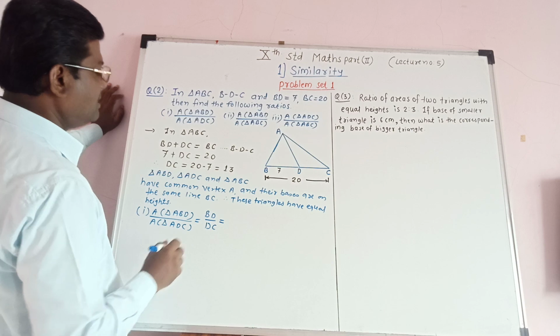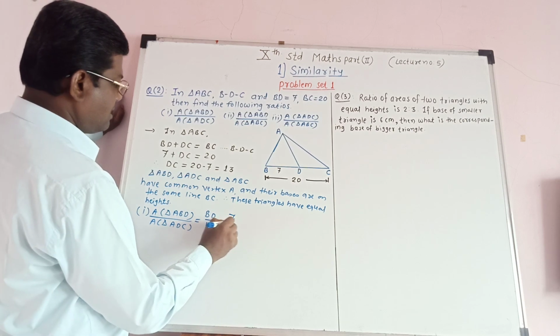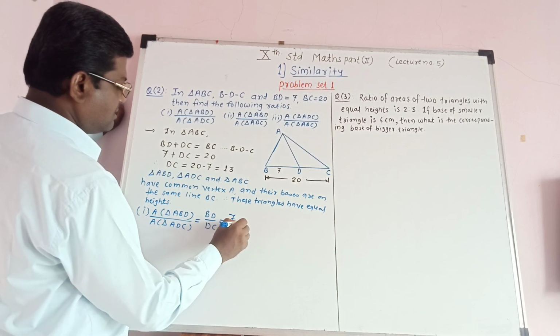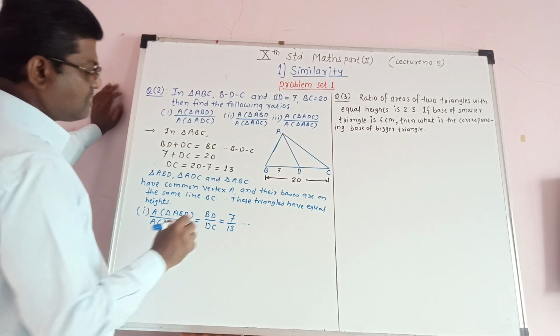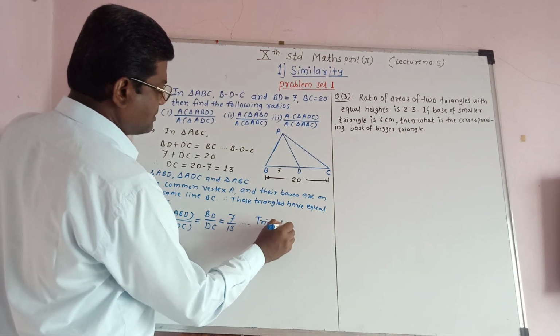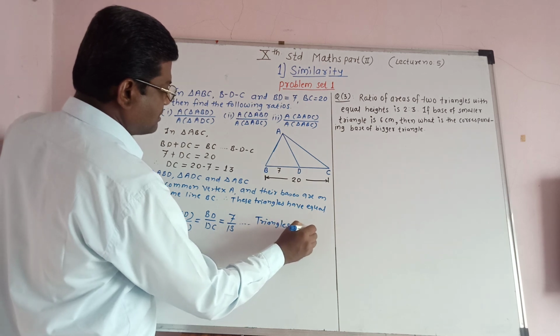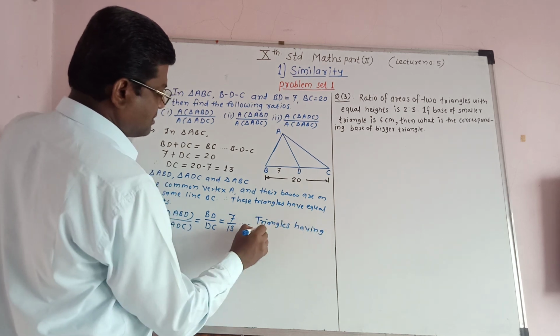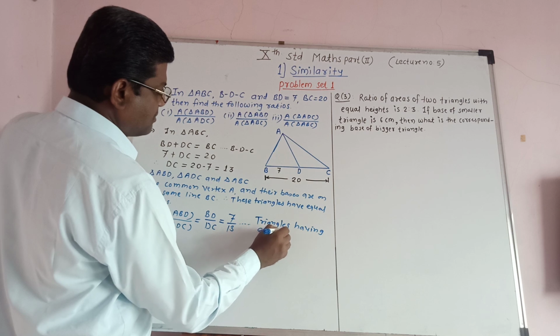Value of BD is 7 and DC is 13. We write here reason: triangles having equal height.